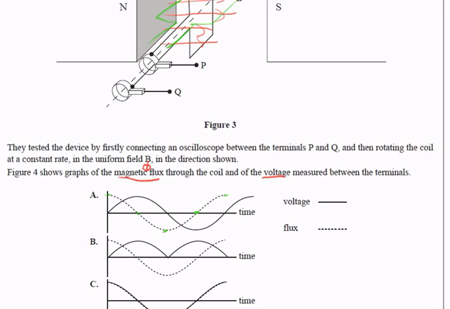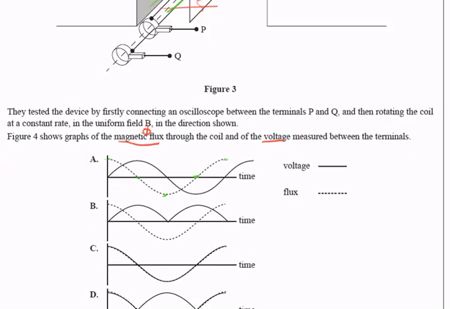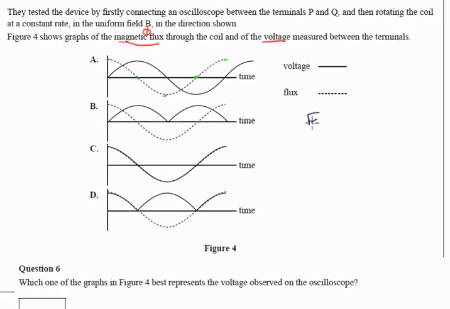Comparing the voltage and the flux is through Faraday's law. And that looks like the EMF equals negative N, change in flux over change in time.